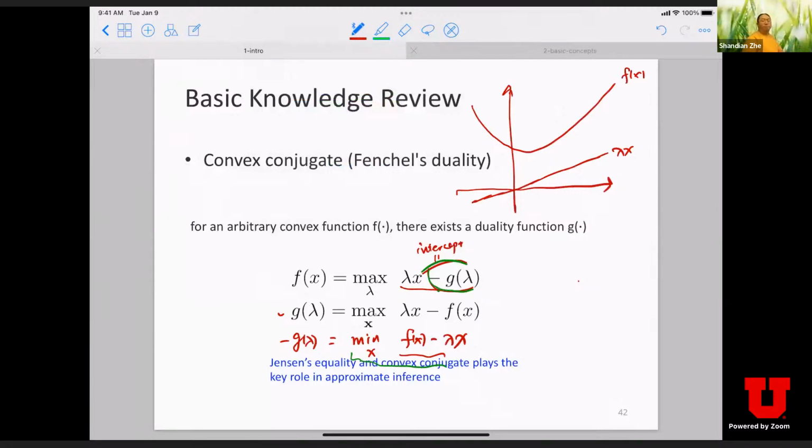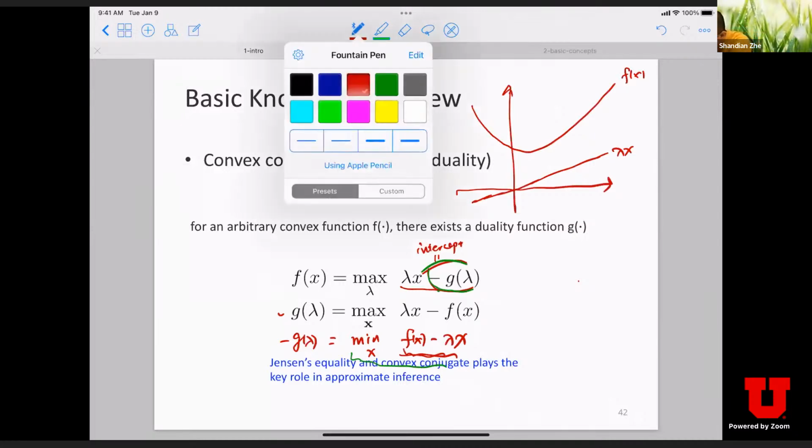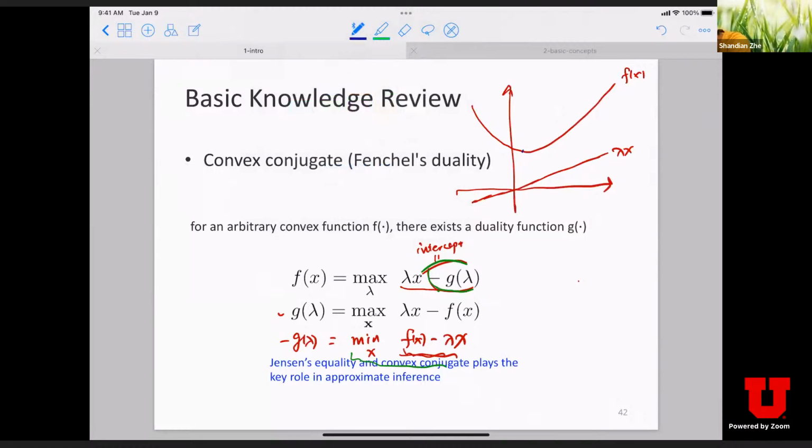Now let us look at how we optimize the difference between f of x and lambda x. At any x, the difference is just this vertical line segment, and you can see that as you vary x, you have different f of x subtracted by lambda x. Does it make sense?